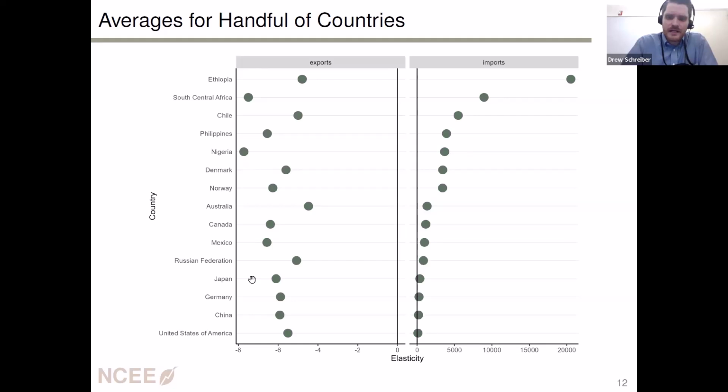What we generally found was that export demand elasticities are not super sensitive. They remain somewhat similar across virtually all countries in the data set. The import supply elasticity does change, and it largely depends on the size of the economy.